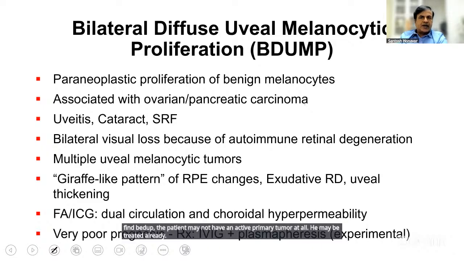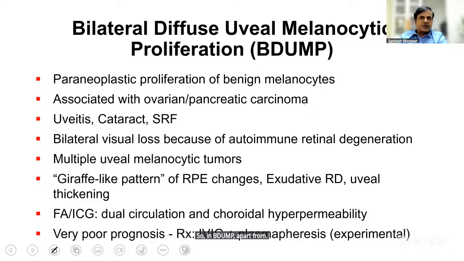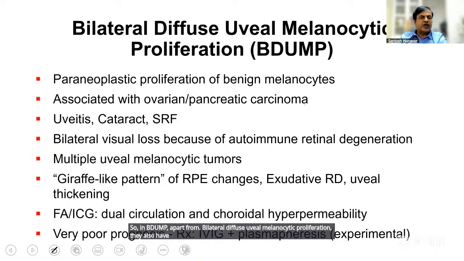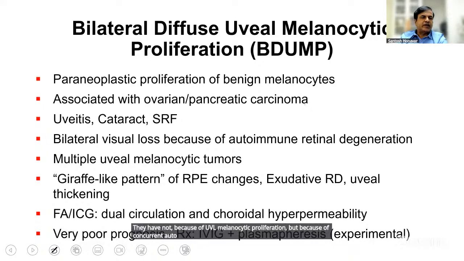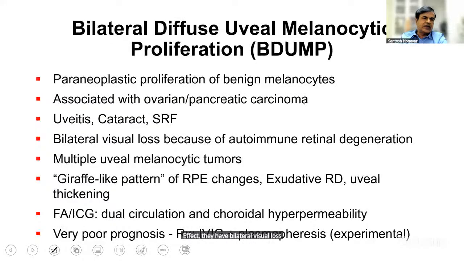So in BDUMP, apart from bilateral diffuse uveal melanocytic proliferation, they also have anterior uveitis. Sometimes they have cataract and subretinal fluid. They have bilateral visual loss, not because of uveal melanocytic proliferation, but because of concurrent autoimmune retinal effect. So that is the symptom that they come to you with.